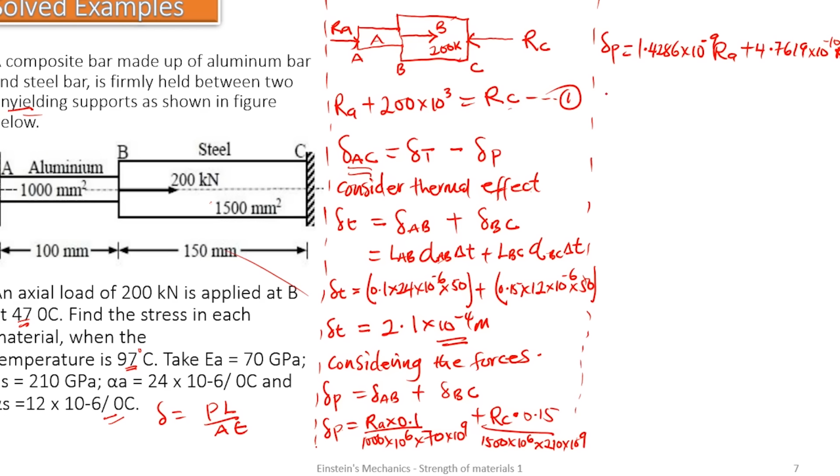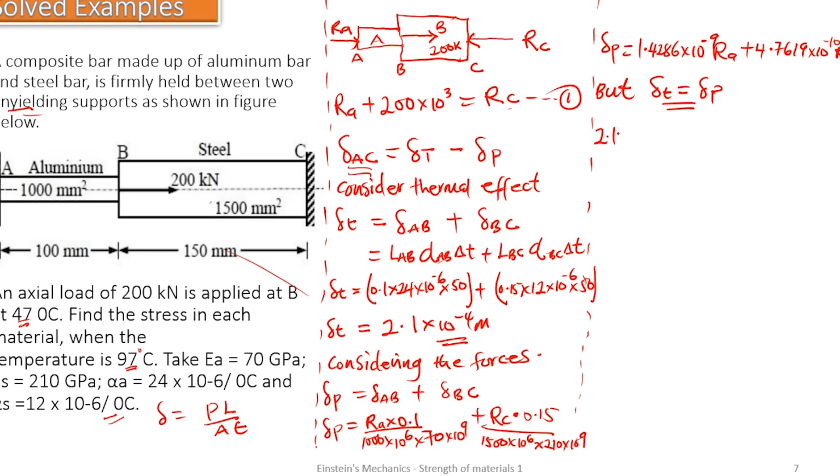Okay, so what we know is that an assumption was made that the thermal change is also equal to the change produced by the force. So from this, we know the change due to temperature already, so I can equate it to that.